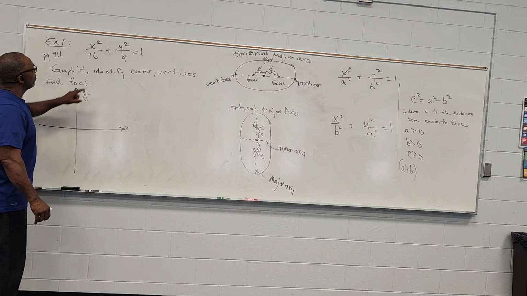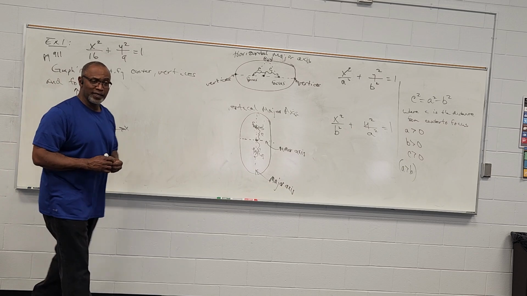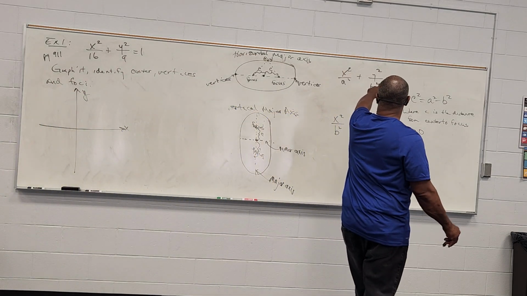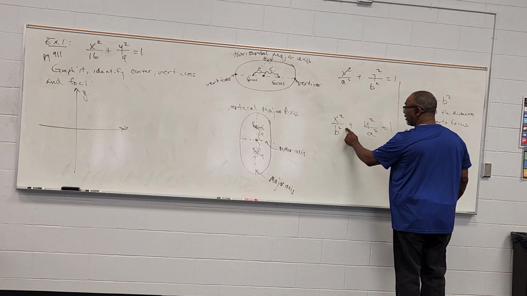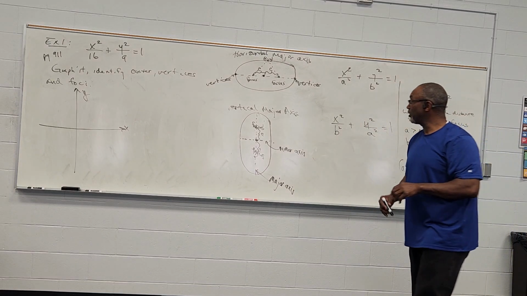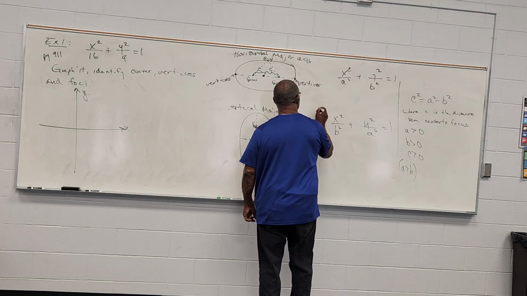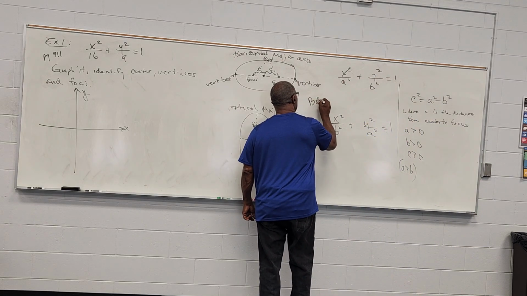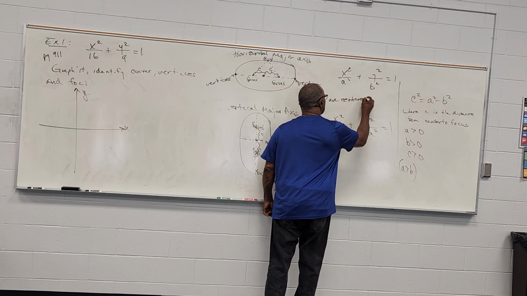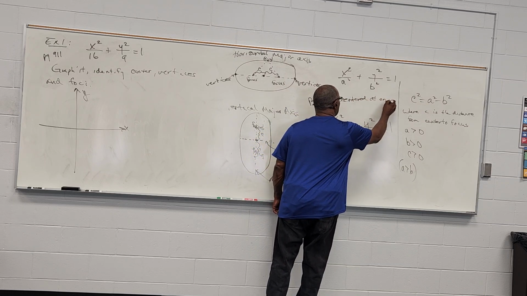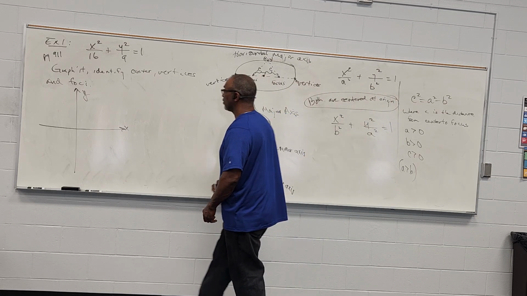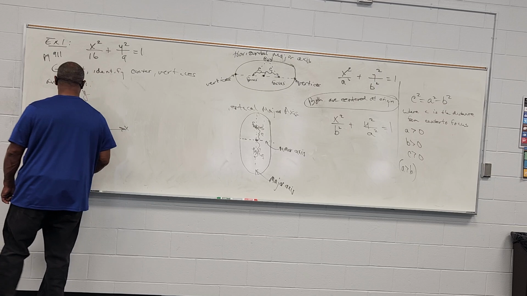So, when you've got an ellipse, in both of these cases, x squared over a squared plus y squared over b squared equals 1, and x squared over b squared plus y squared over a squared equals 1, both of those are centered at the origin. Both of those two equations are based on something centered at the origin.